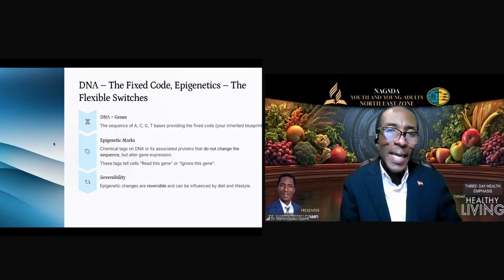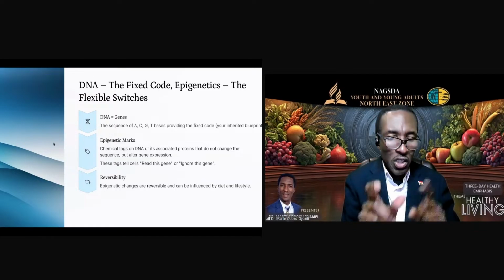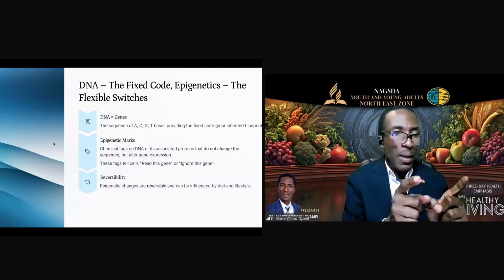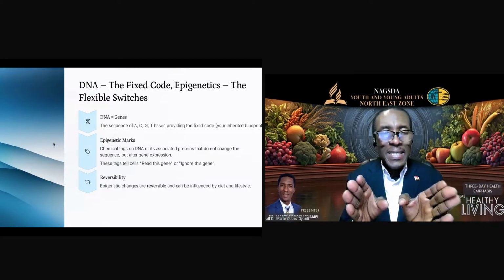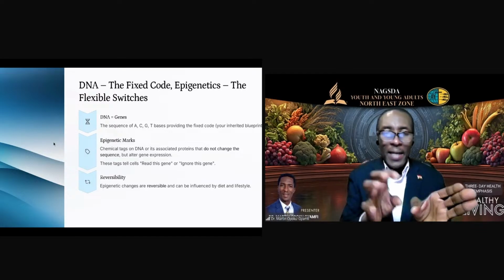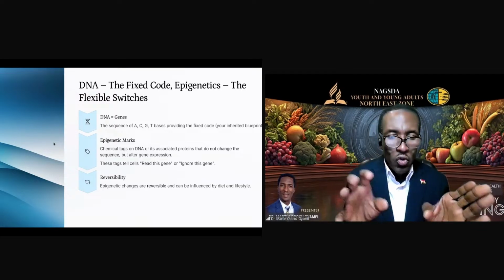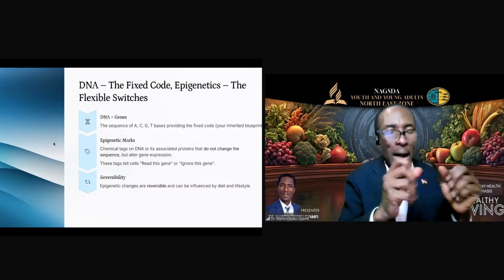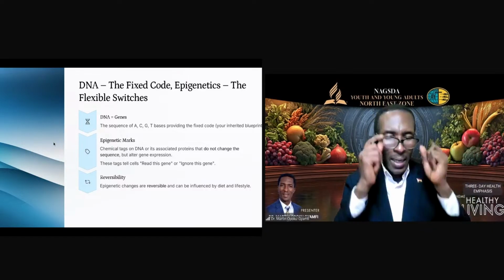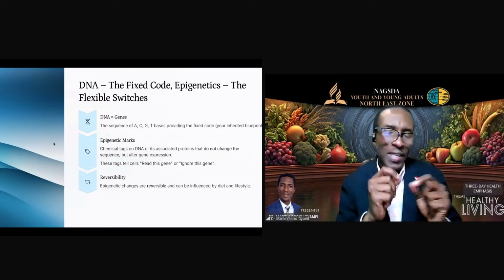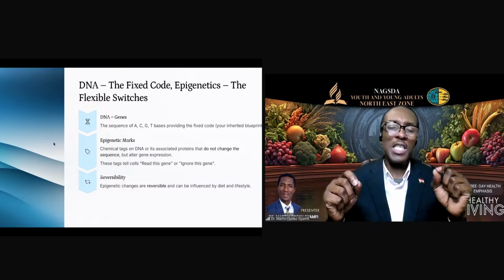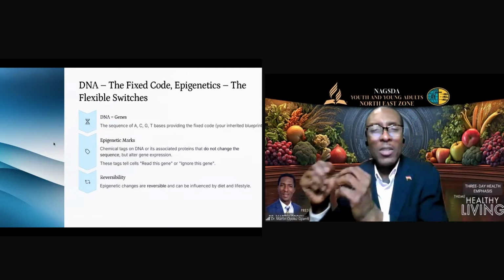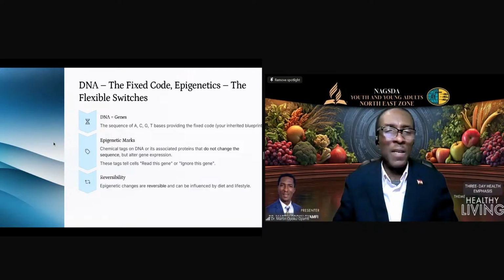The epigenetics is the tag that tells you when to read, it tells you read this gene. So you're reading the recipe, and then there's a portion that says add 2 eggs, add butter or add margarine.